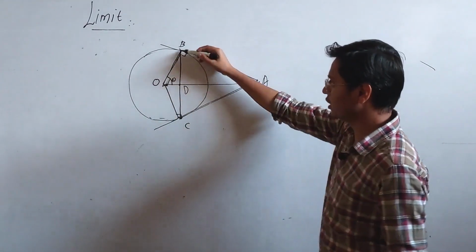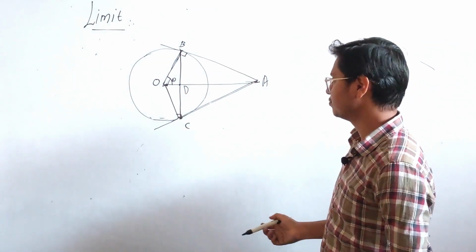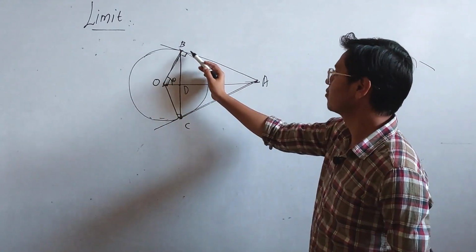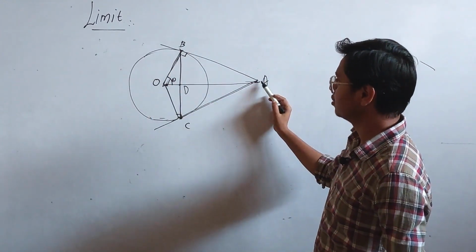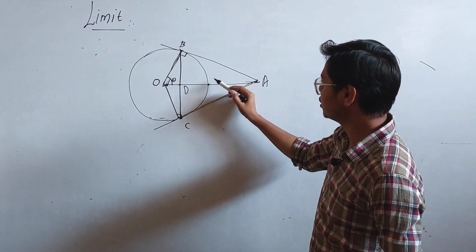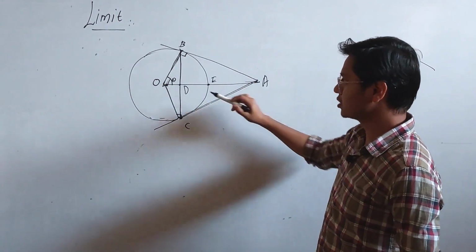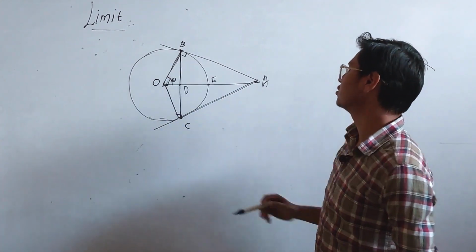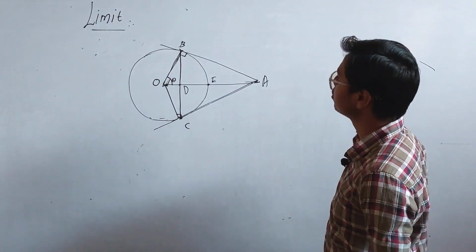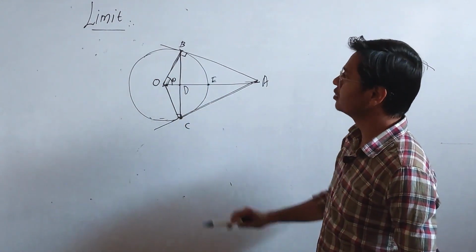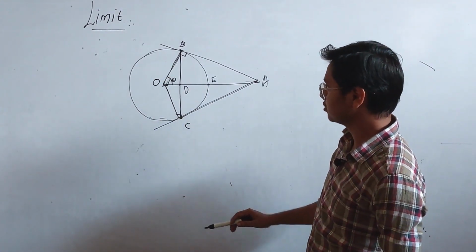From this figure, we conclude that, let's suppose this point is E, the value of AB is greater than the length of arc BE, which is greater than BD.